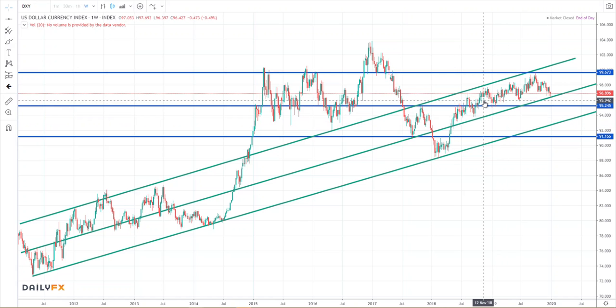Now if we go into more recent times, the last couple of years, we see that price between 2019 and 2020 has really hovered above this support at 95.24. And we see it's staying right along this ascending trend channel.